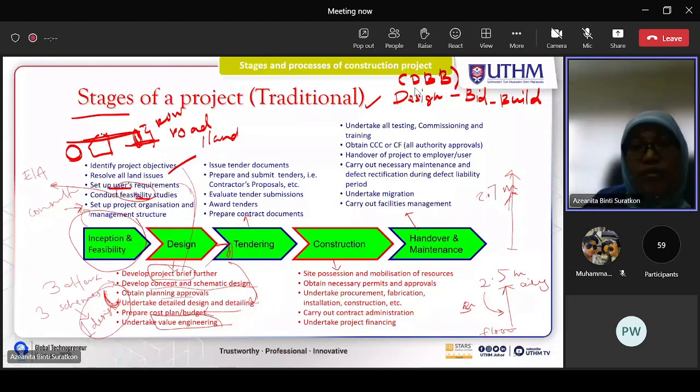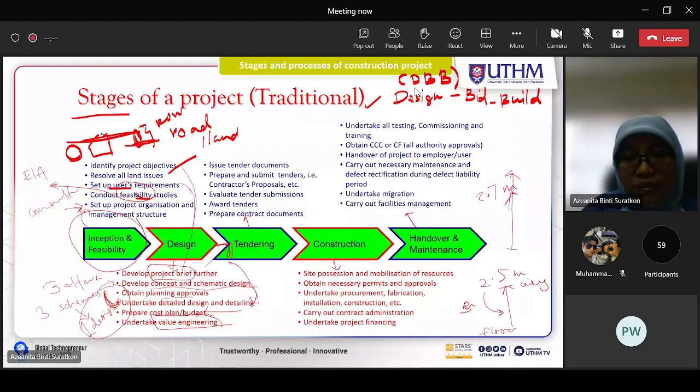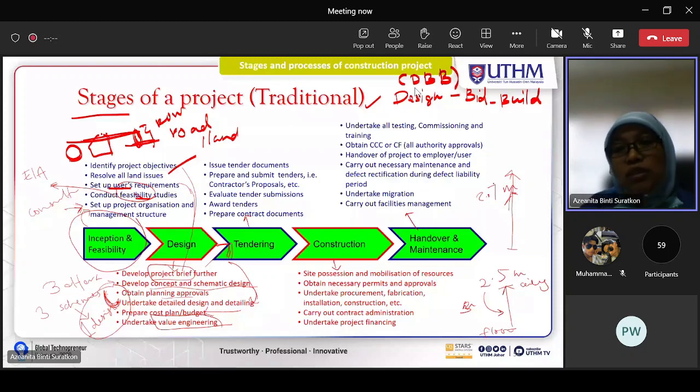So what is the saving that the client can have? The client will see whether he really wants to spend extra money to get the extra 2.7 meter height instead of 2.5. So this is just one example. They will look at other components of the building as well.